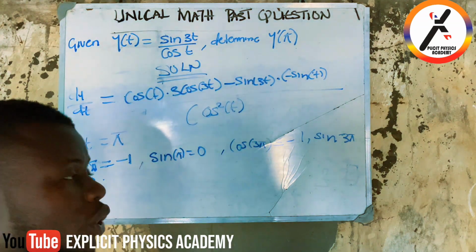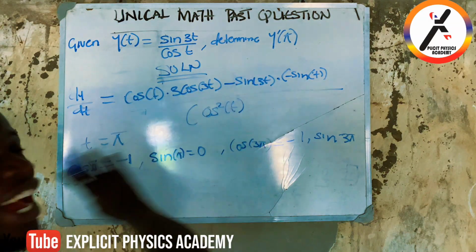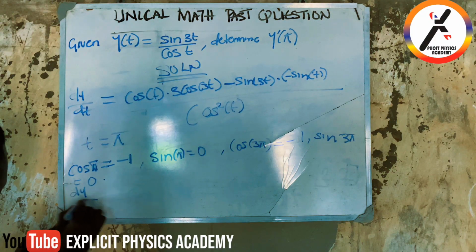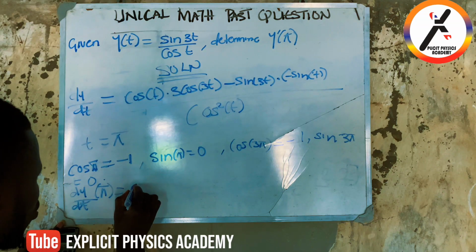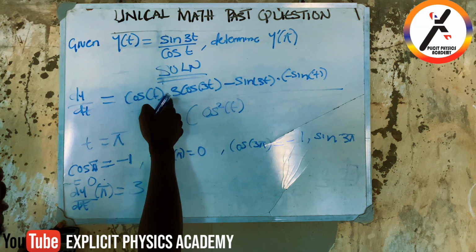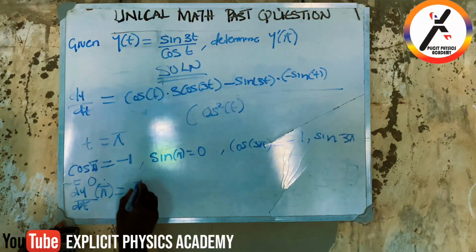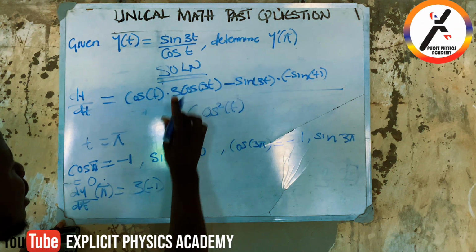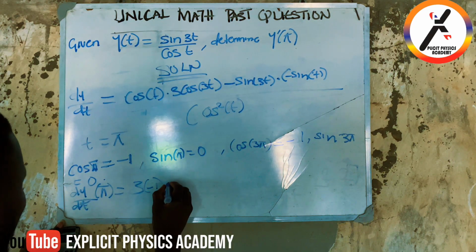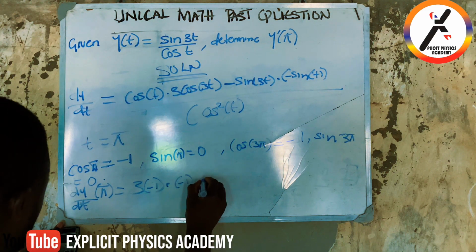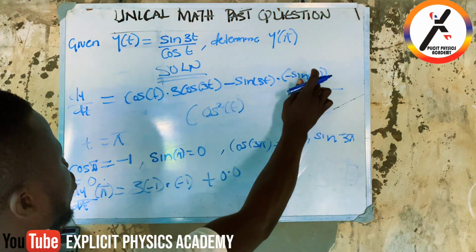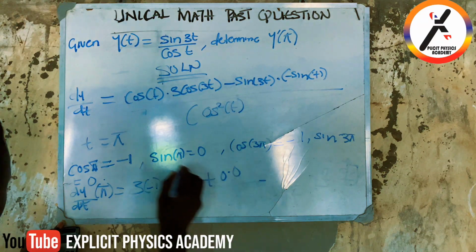So the next thing we are going to do is to put these values into this equation and get our final answer. So here dy/dt at pi will be equal to cos pi, which is minus 1, times 3 cos 3 pi, which is times minus 1, plus 0 times 0, because sine 3 pi and sine pi both gave us 0, all over cos squared pi.